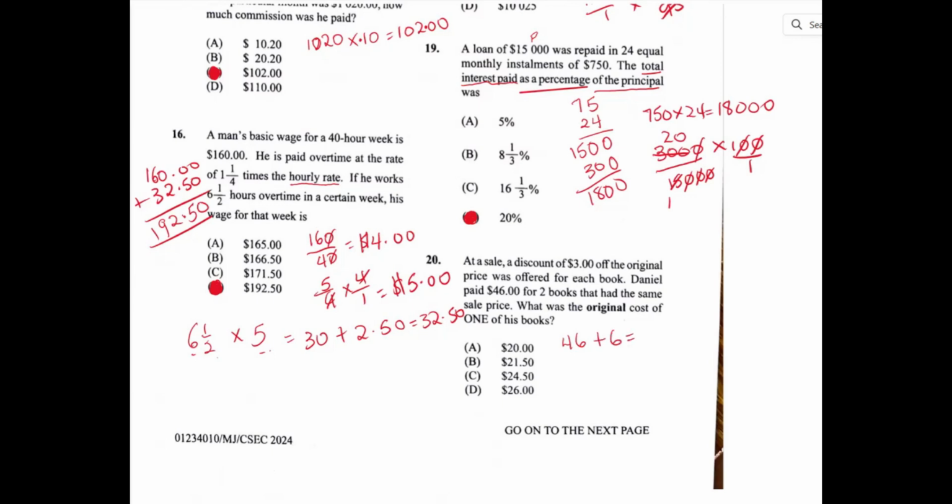So it means that the 2 books would have cost $52, and therefore one book would cost $26. You could work it back: if one book costs $26 and you're getting $3 off, you're paying 23 for one and 23 for the next one, and both of them added will give you back 46.